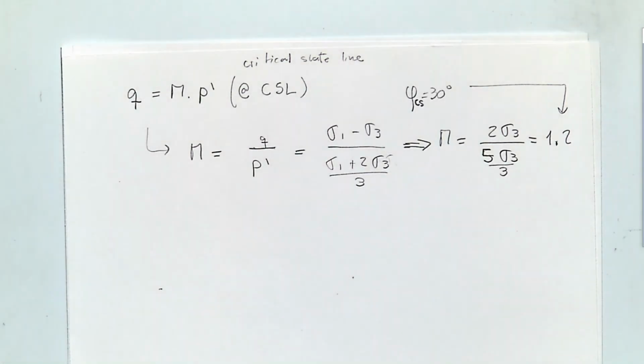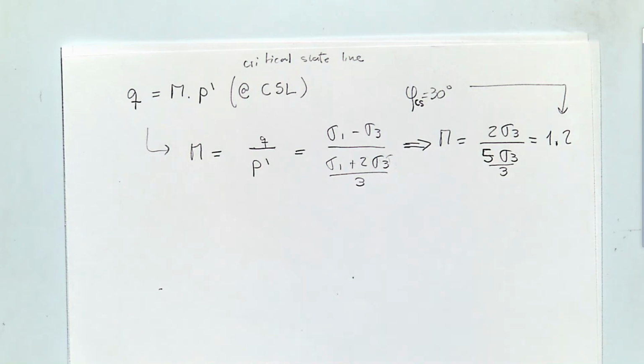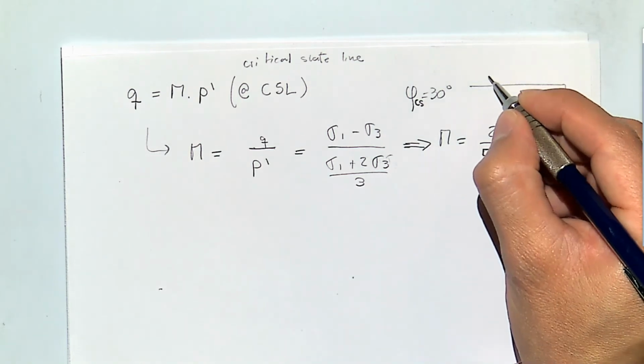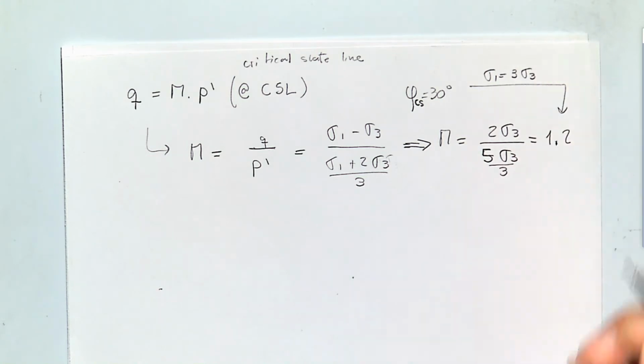And that's unitless? This one? M is unitless, yes. And when this is the case, sigma 1 is equal to 3 sigma 3.